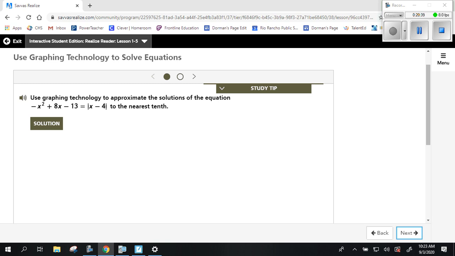So what we need to do in most cases is use a function on our graphing calculator in order to tell us where the intersections are if we're going to be solving by graphing. So let's go ahead and get that done. The same process is going to hold true.